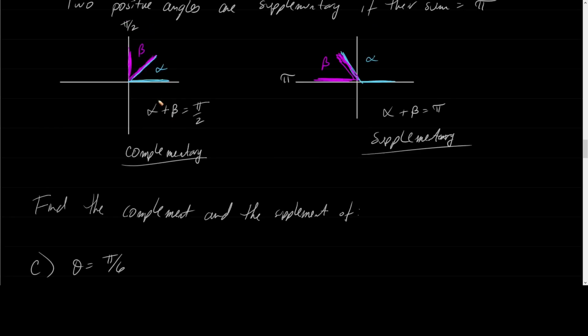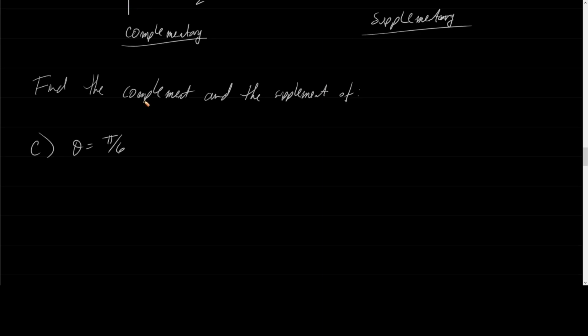Because we need to just make sure that they add up to pi over 2. So I've been given one angle, I have to find the other angle. So pi over 6 plus some other angle is supposed to be pi over 2, which means that other angle would just be pi over 2 minus pi over 6. At that point, pi over 2 is the same thing as 3 pi over 6, which gives us 2 pi over 6, which reduces to pi over 3.